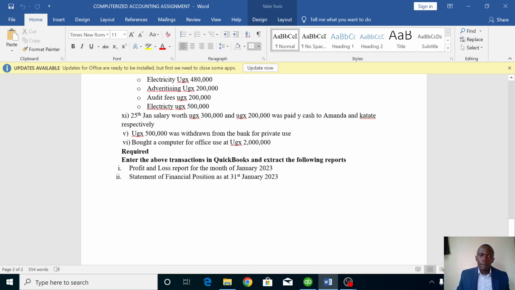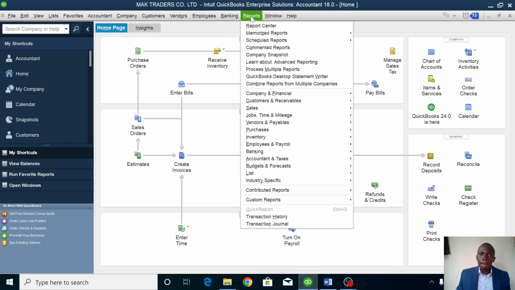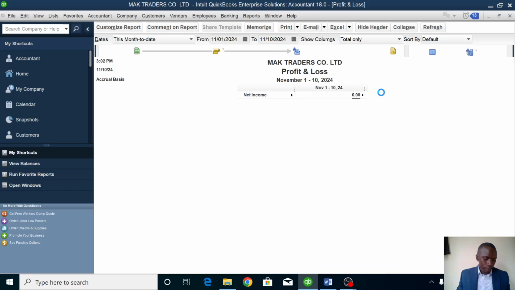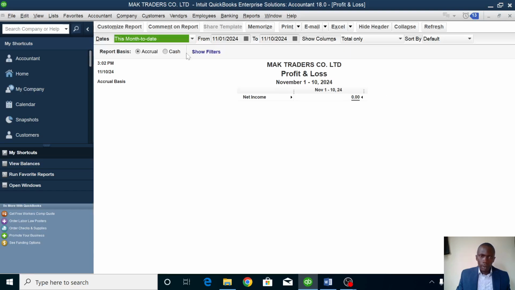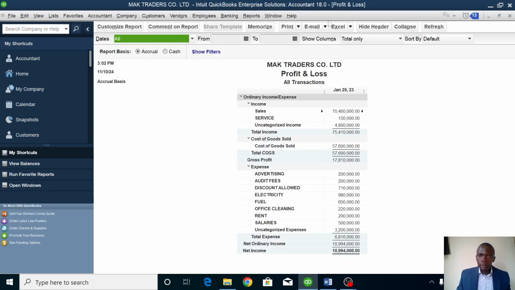Profit and loss report for the month of January 2023. We go back to QuickBooks, go to reports. We go to company and financial, say profit and loss standard. So we go here, select all.